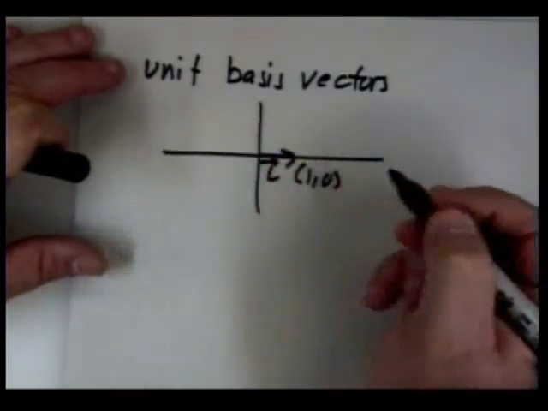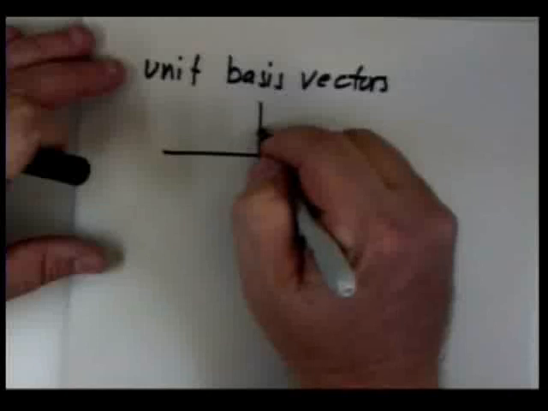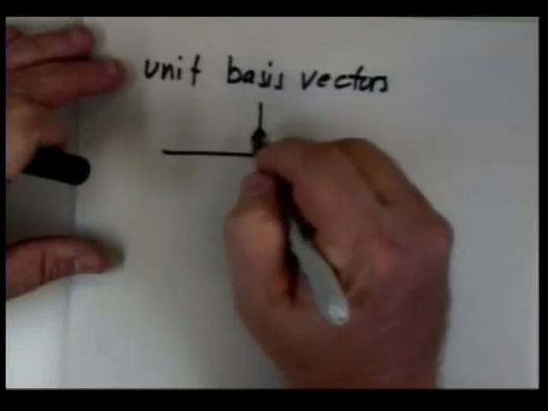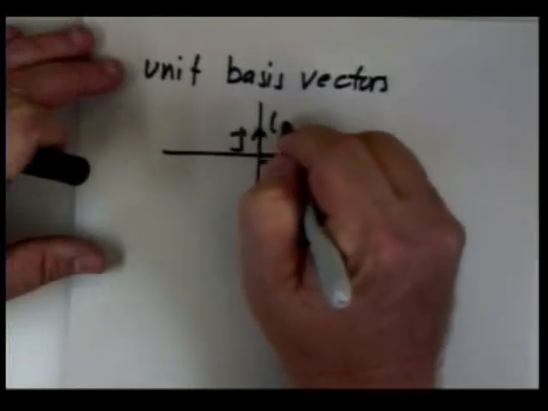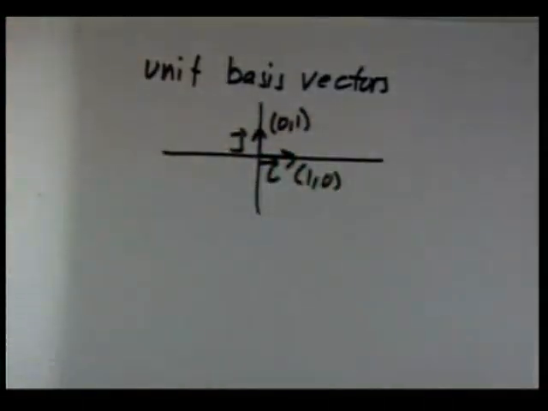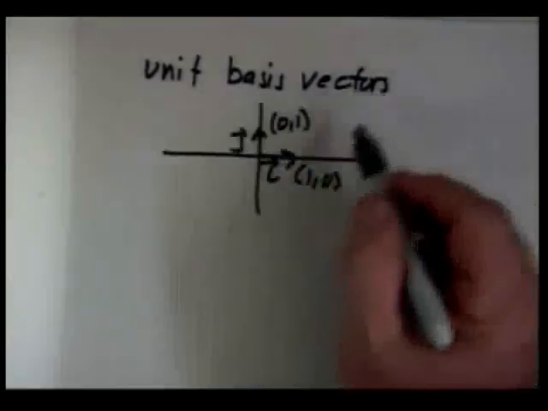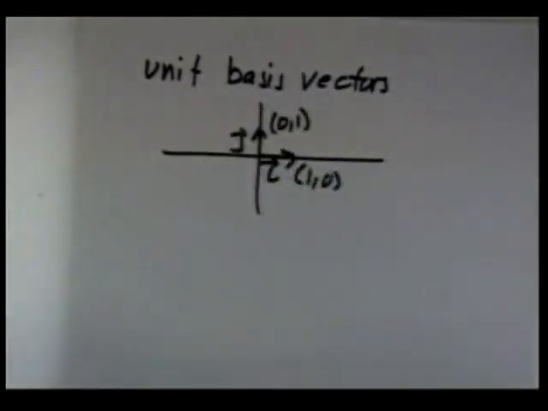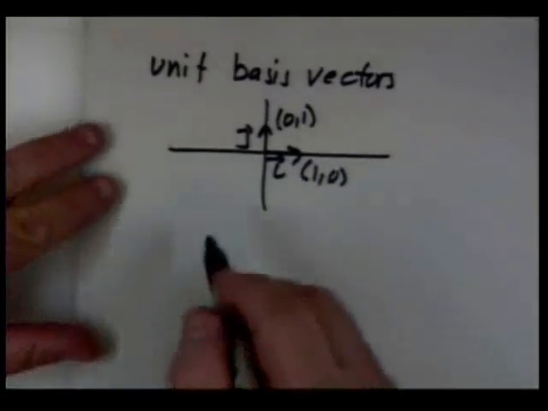So I'm going to call that vector i. j is the vector that begins at the origin and ends at the point (0, 1). Those are called unit vectors because they're 1 unit long, and they're basis vectors for this reason.